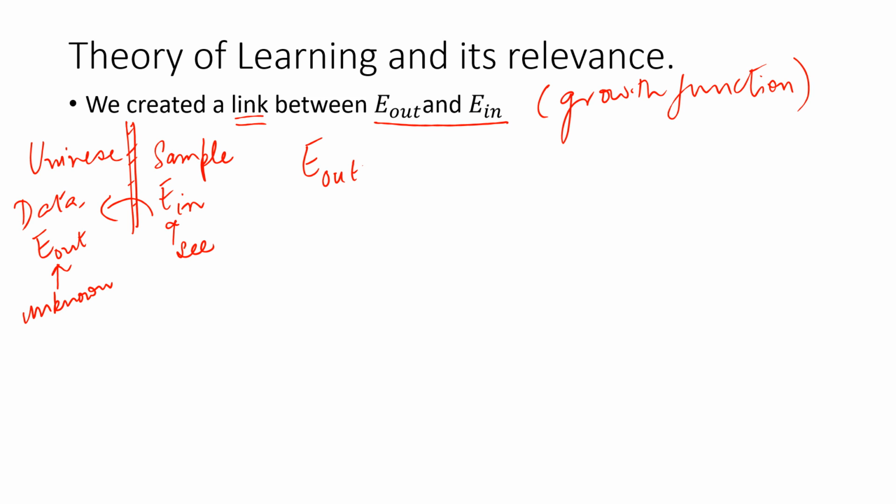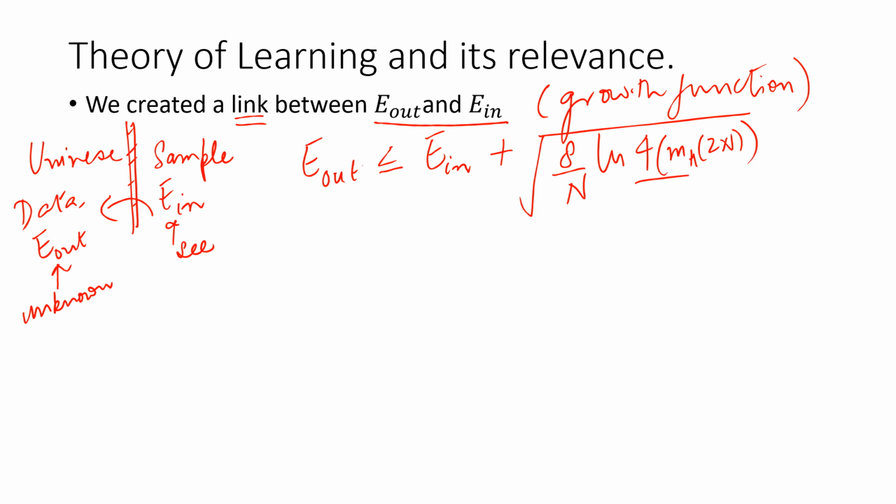Let me write the equation that we derived. The link between E out and E in is through, as I said, a growth function that's in many situations polynomially bounded, and it is the square root of one over 2m times the log of 4 times m sub H of 2N over delta.